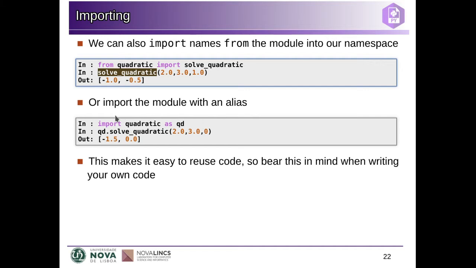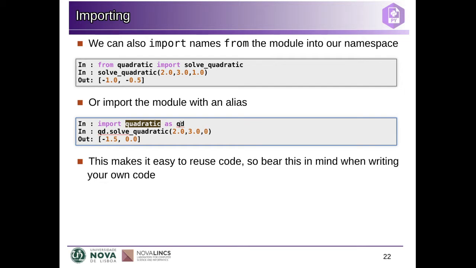We can also import names with nicknames, with some alias. For example, suppose we want to use several things in the quadratic module, but we don't want to keep writing quadratic all the time because it's lots of text and it makes things confusing. So we can just keep with this nickname, for example, QD. So now we can say qd.solveQuadratic, and it's the solve quadratic function from the quadratic module.